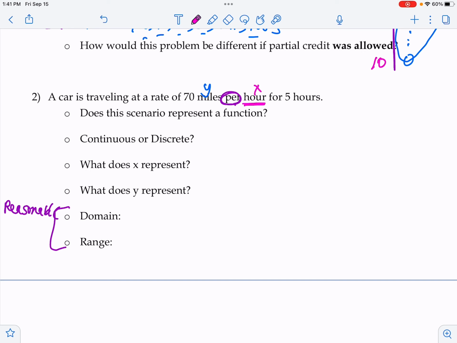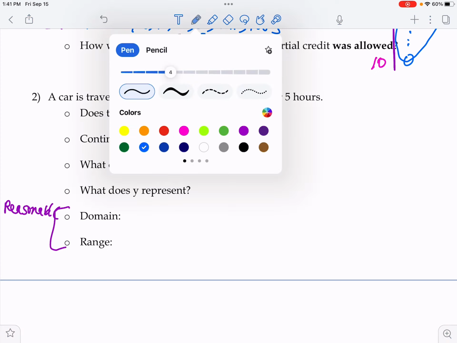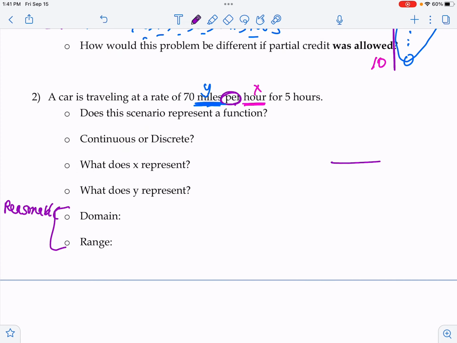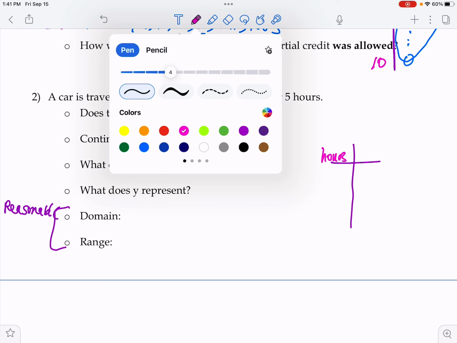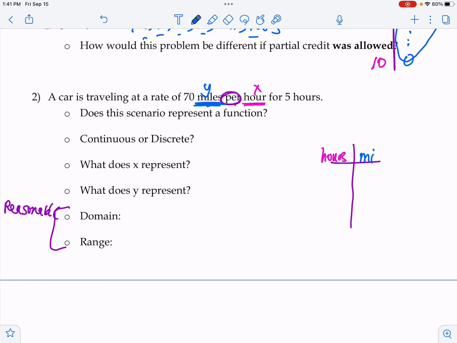And so x is hours, y is miles. Okay, and so if I were to make a table to organize this, I would have hours here, and I would have miles here. How many miles I've driven depends on how many hours I've been driving.